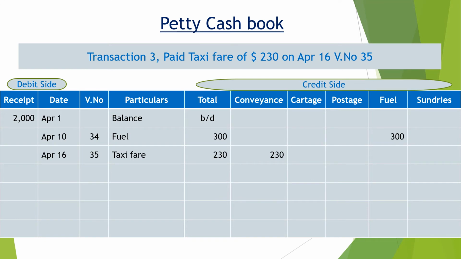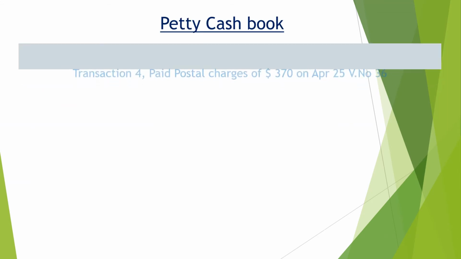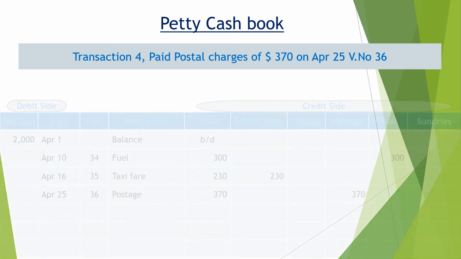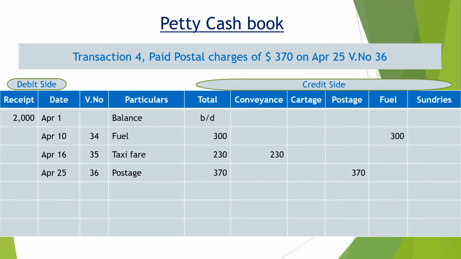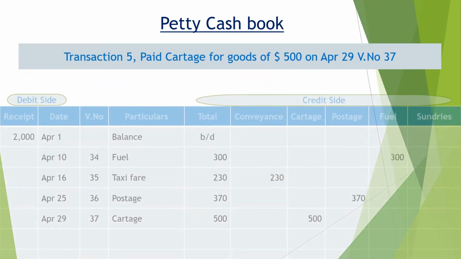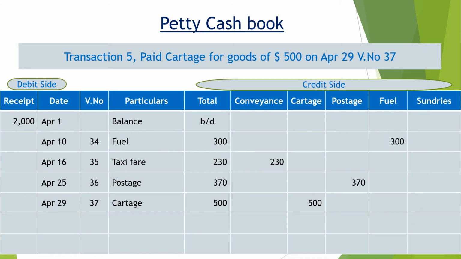So we put the amount in conveyance as well as in total column. The next transaction, a postal charges paid, the same amount will be put in postage and in total. The next transaction, same way, the cartage is recorded.